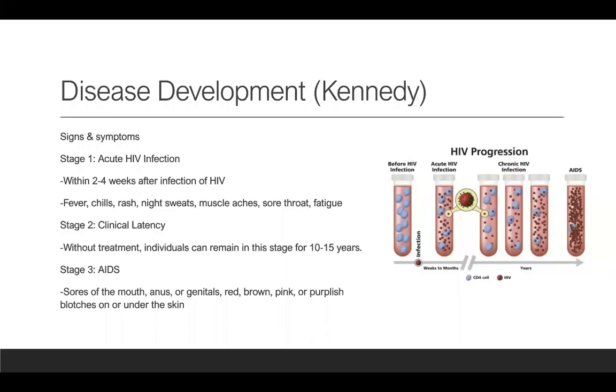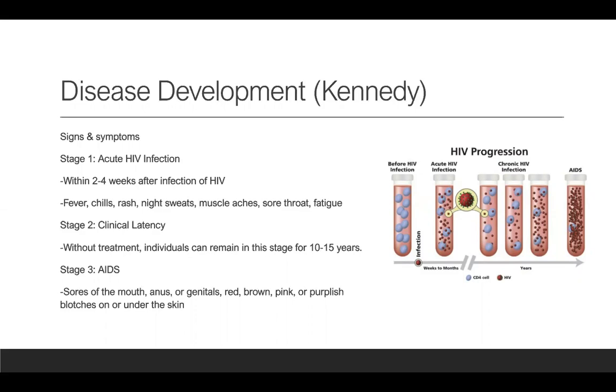The symptoms include fever, rash, chills, night sweats, muscle aches, sore throat, fatigue, swollen lymph nodes, and mouth ulcers. These symptoms can last anywhere from a few days to several weeks, yet some individuals do not have any symptoms at all during the first stage of HIV.